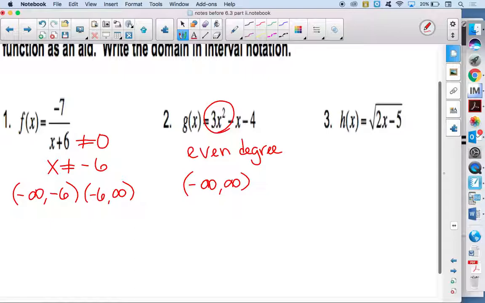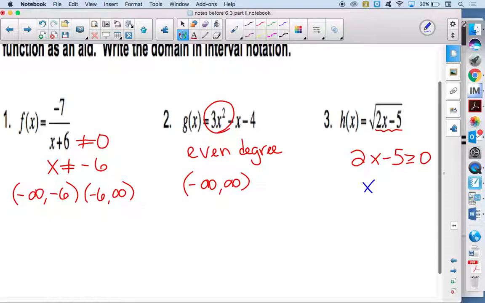Number 3, we have a square root, and then underneath is 2x minus 5. So when we have a square root, whatever's underneath the square root has to be greater than or equal to 0. It's allowed to be 0 because the square root of 0 is 0, but it cannot be less than 0. So if we solve this little equation, that tells us what x has to be bigger than.